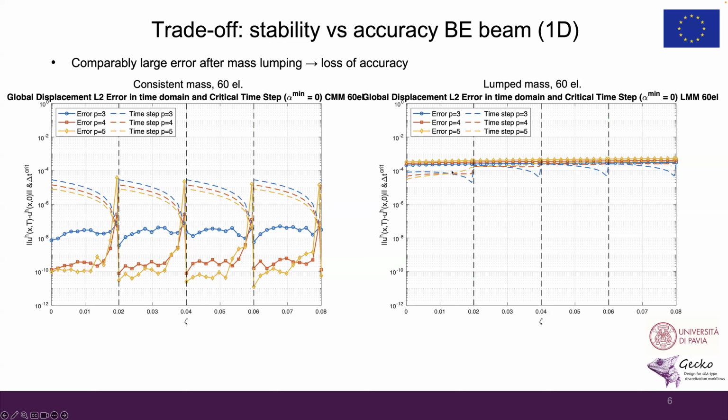But apart from that, mass lumping also introduces a significantly larger error, looking now at the continuous lines, compared to the consistent mass case here, confirming that the stability benefit comes with a real cost for accuracy. This is the same conclusion we reached for the bar in the previous video, now extended to a fourth order problem.